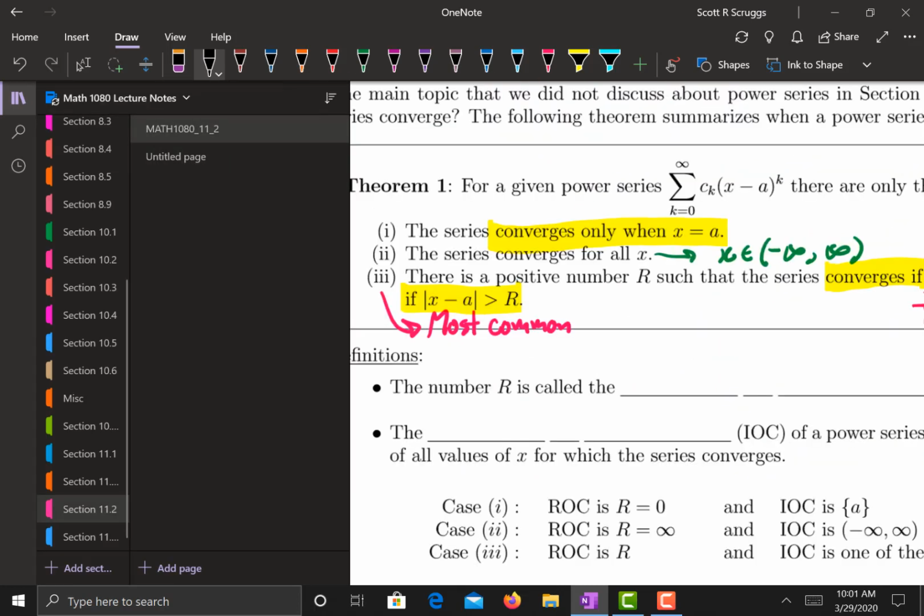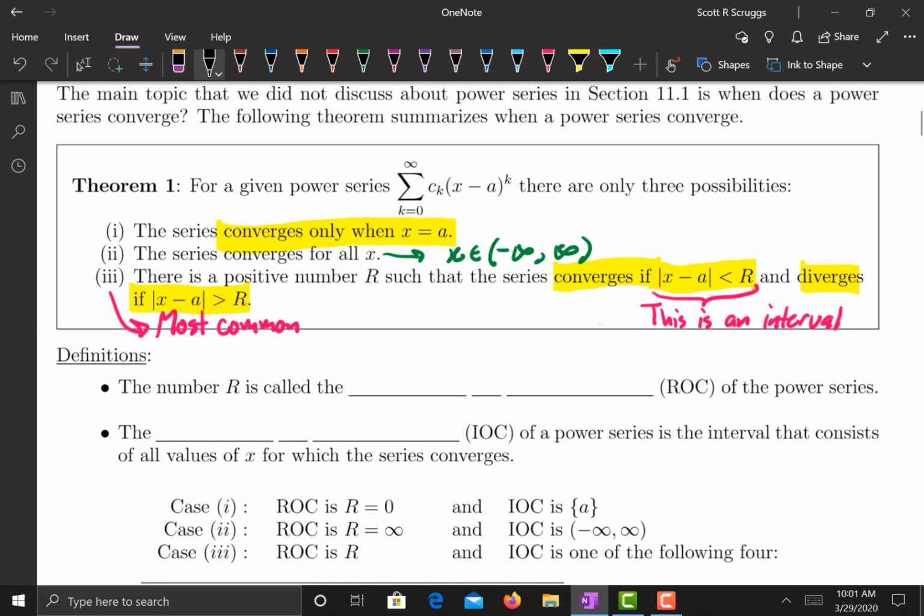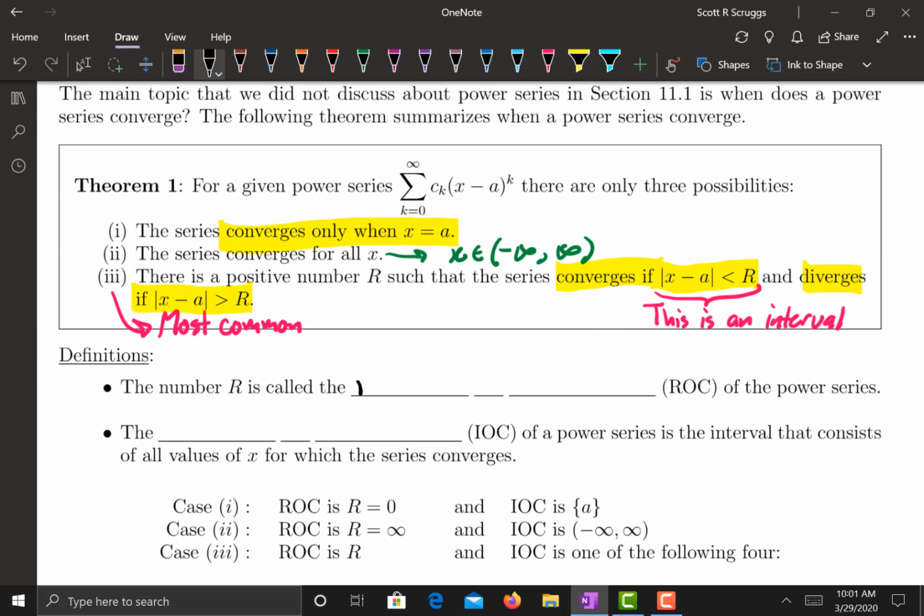It's not convergent everywhere, but in a very small interval, my power series will be convergent. Before we go on with some examples, let's give some definitions. The number R that we saw in Theorem 1, from now on, I'm going to call the radius of convergence.